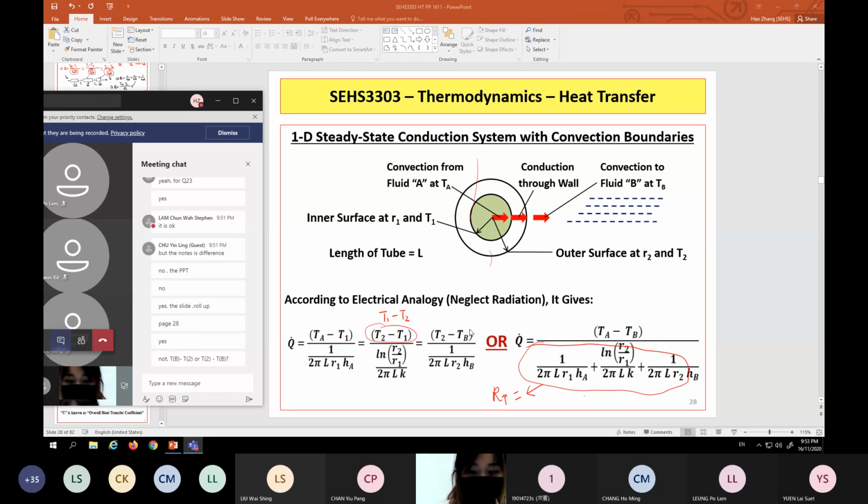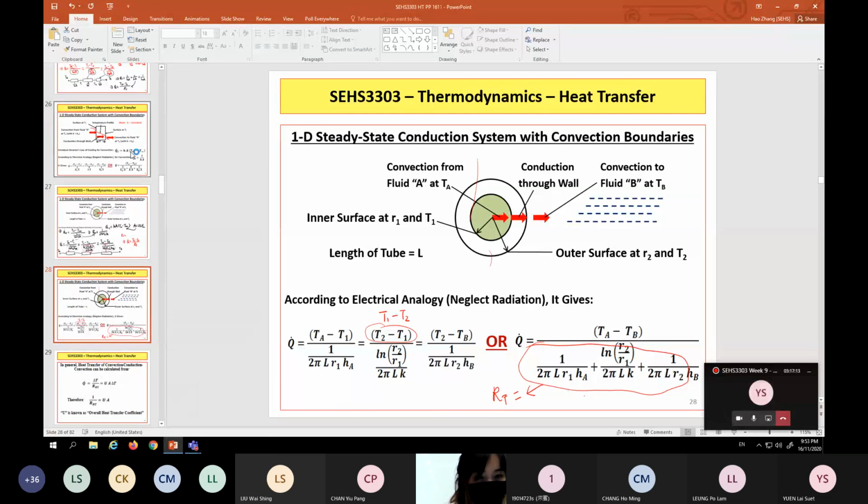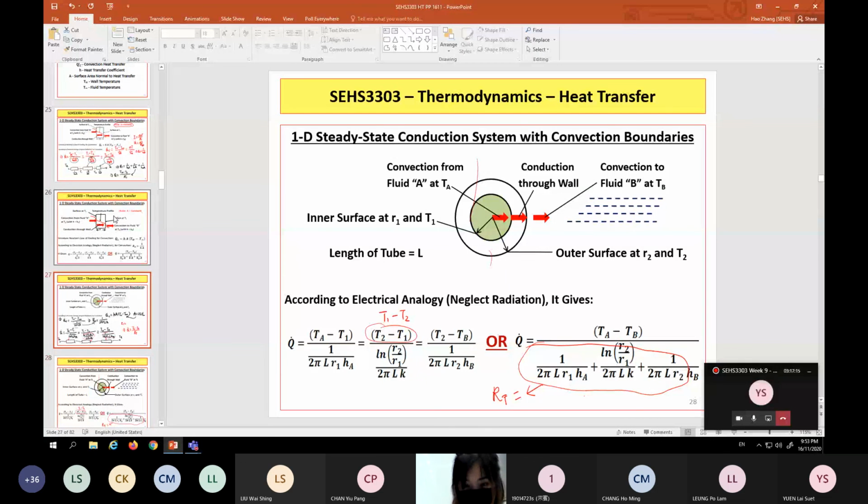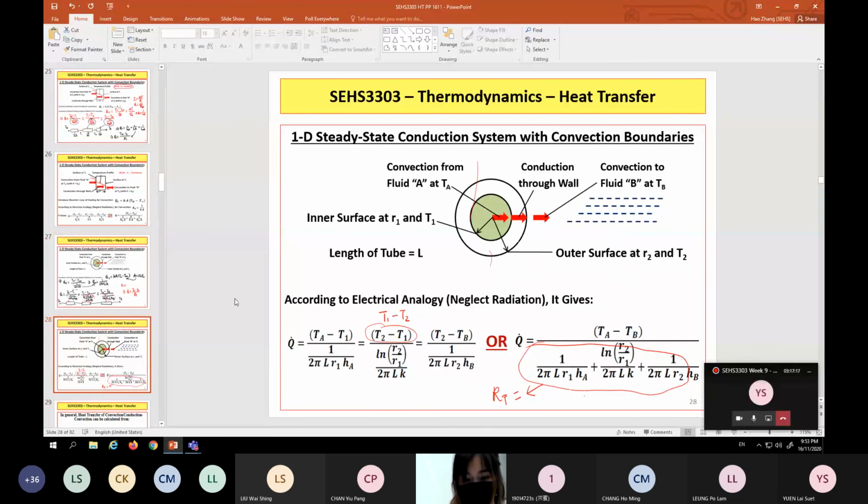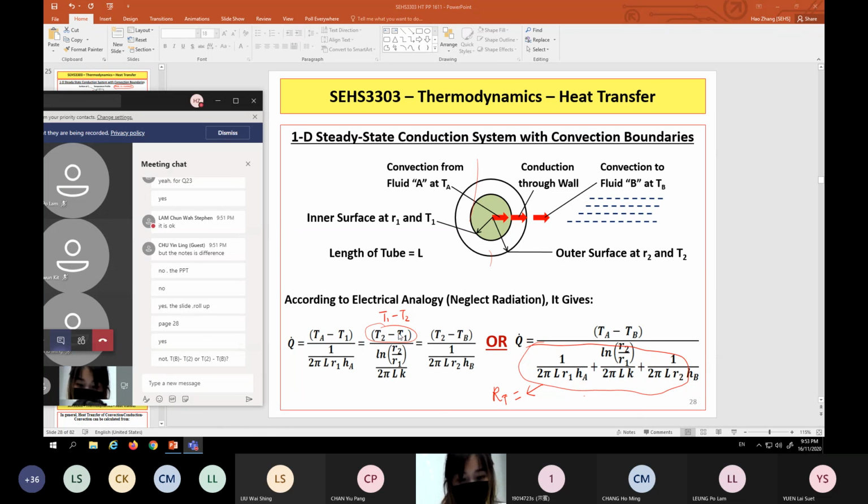Oh, this one should, you say, oh, I know what you mean. This one, right? This is T2 minus TB. It's okay. This one is wrong.